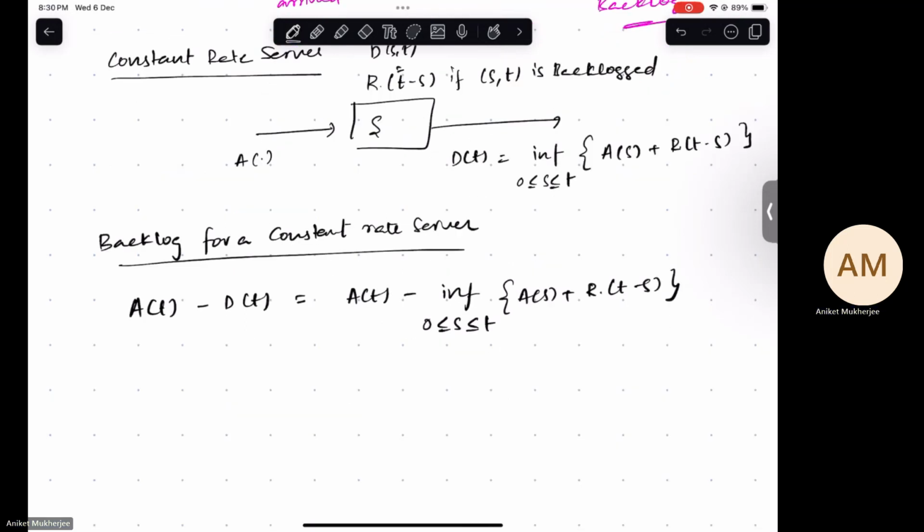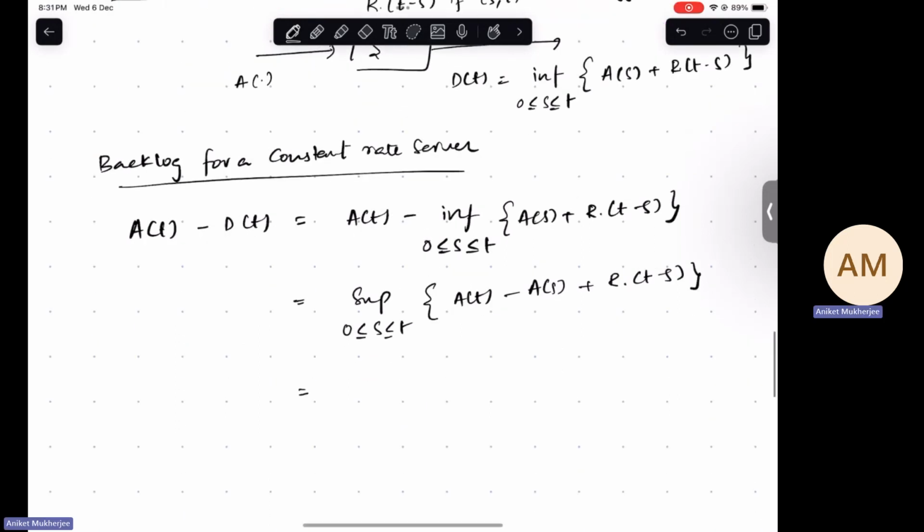So now what I can do is take this A(t) inside and write this as sup over 0 ≤ s ≤ t of A(t) minus A(s) minus R times (t minus s).